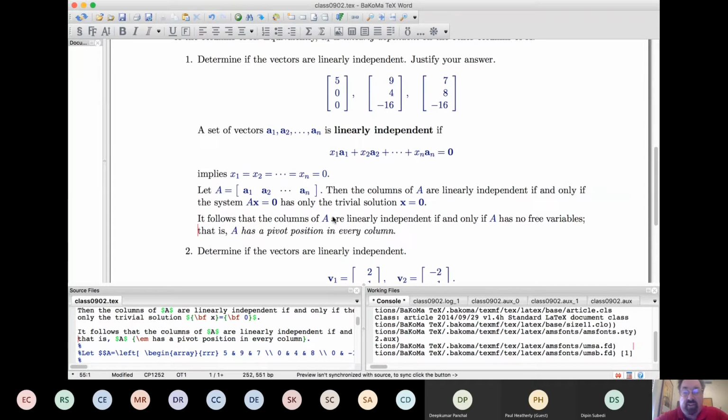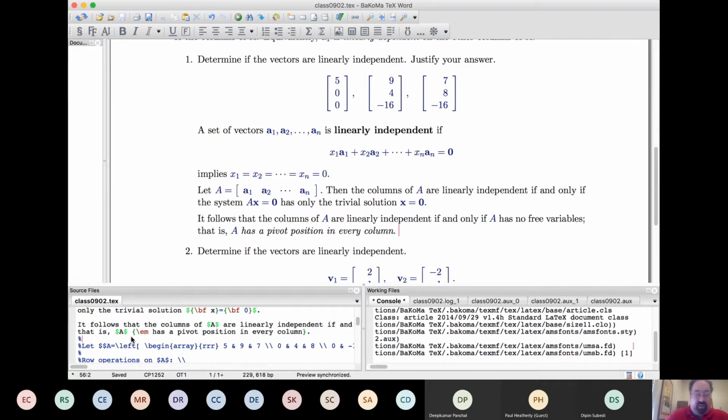We can put them in a matrix like this, and then perform row operations on it. We can row reduce it and find out which are the basic variables or pivot variables and which ones are the free variables. If there are no free variables, then there's only the trivial solution, which is what we saw last time. So another way of saying it is, if there's a pivot position in every column, then the columns are linearly independent.